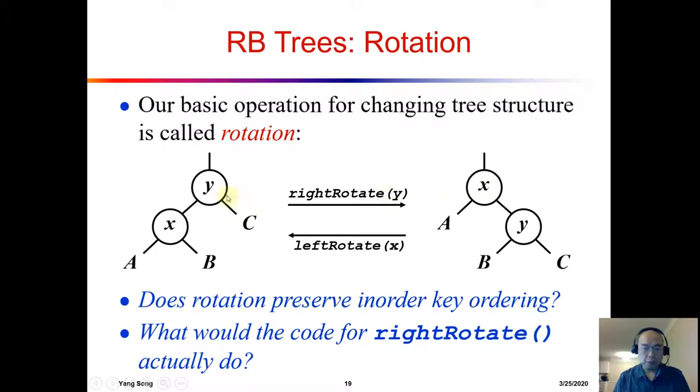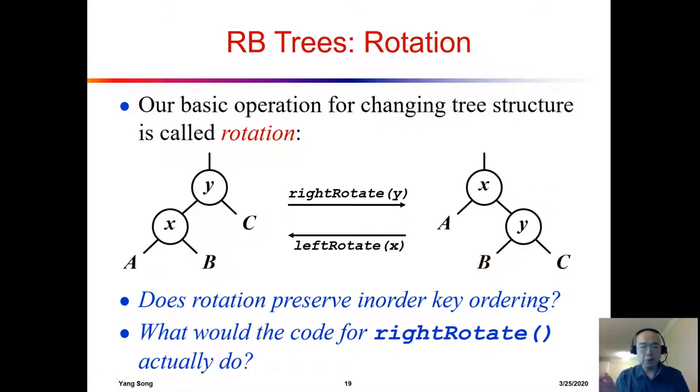And then y will be the x right child. And then for subtree B, it used to be the right subtree of x. Now it will be the left subtree of y. So this is a right rotate.